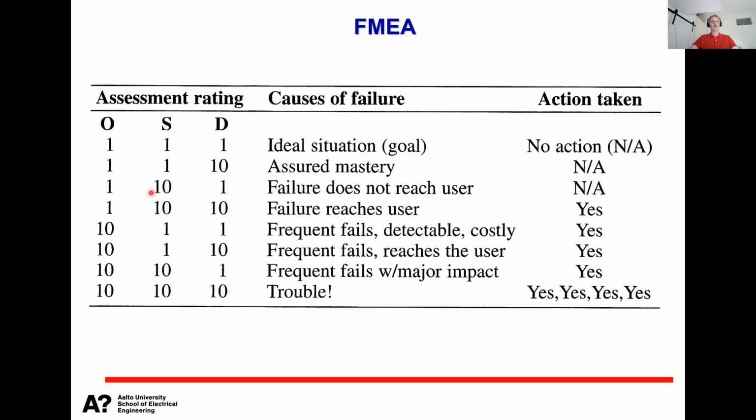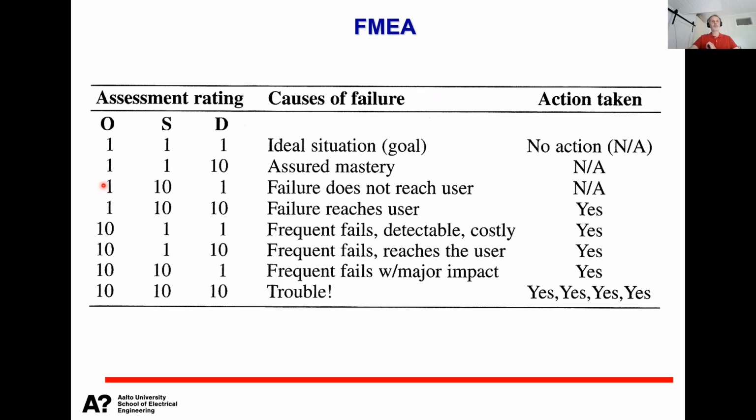If the severity is 10, then if these are 0, maybe you don't need to do anything. But if these are even slightly above 0, especially this one, then typically you need to do something.